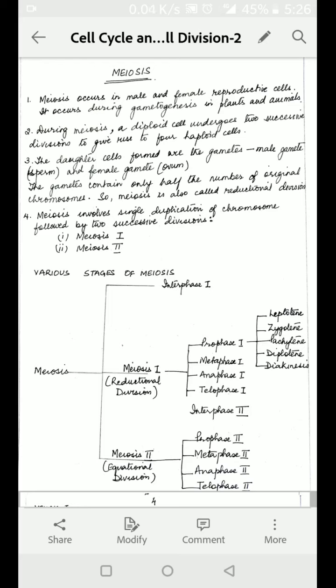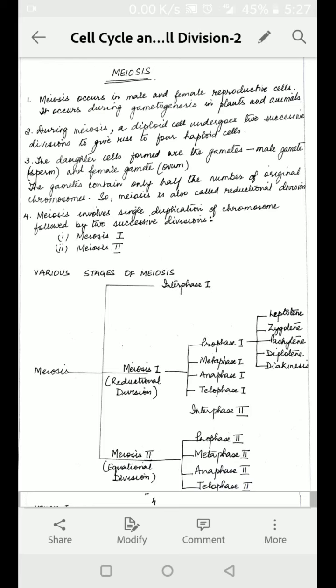So meiosis helps in the formation of gametes containing the haploid number of chromosomes, and by the fusion of such gametes the constant chromosome number, that is 46, is maintained in humans, and we can say a constant chromosome number is maintained in every species.